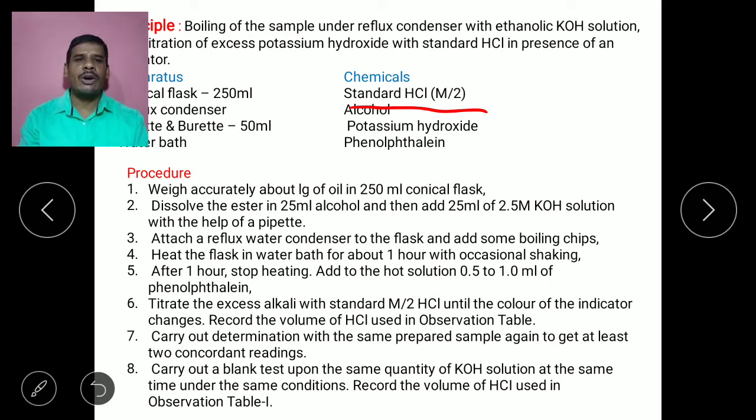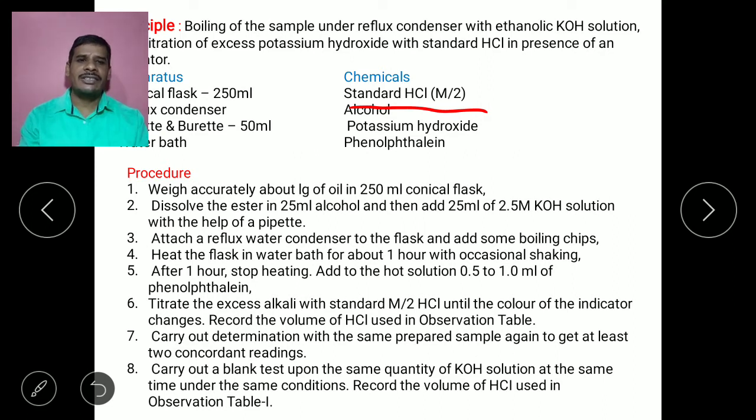The KOH solution, whose normality we also know, is 2.5 molar KOH solution. We add it with the help of a pipette. Using a 25 ml pipette, take out this 2.5 molar KOH solution and add it into the oil or fat.